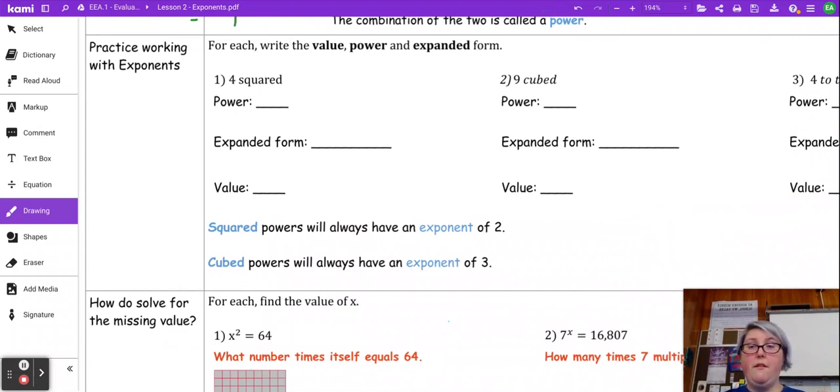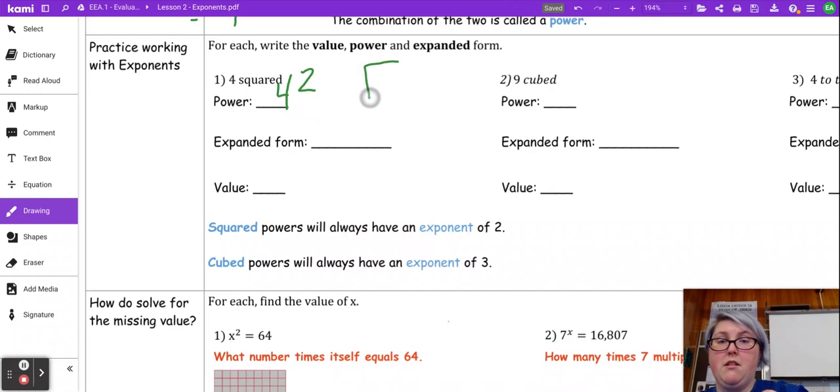So we know 4 squared, the power is the base with the exponent. So it's 4, and squared means 2. If you have a square and we have 4 on one side, it will be 4 on any other side. To find the area, you multiply 4 times 4.